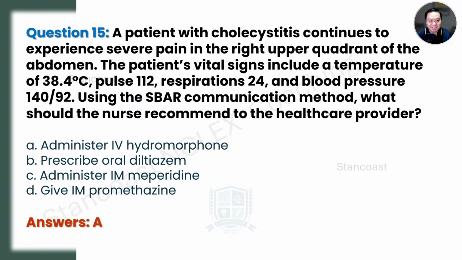If you selected letter B, prescribe oral diltiazem. This is a drug that is a calcium channel blocker. This is something that's used for heart issues, not for pain relief. So it's not going to be appropriate. If you selected letter C, administer IM meperidine.